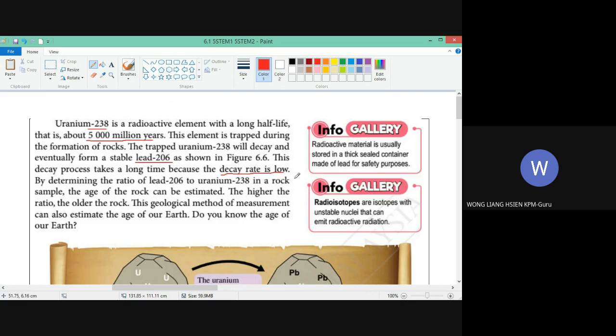So you can imagine, for uranium-238 the half-life is 4.5 billion years.